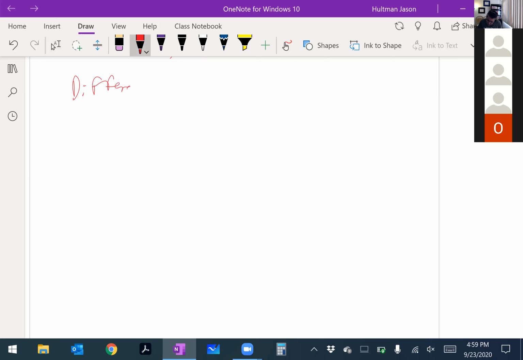Okay, differentials. In 2 dimensions, if we think back to Calc 1, dy is equal to f prime of x dx.